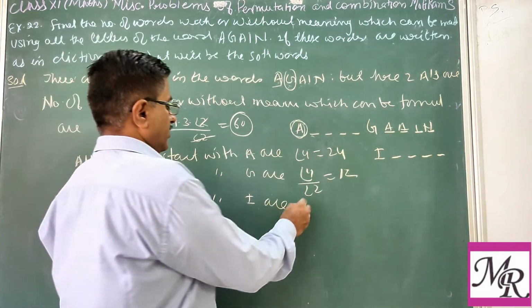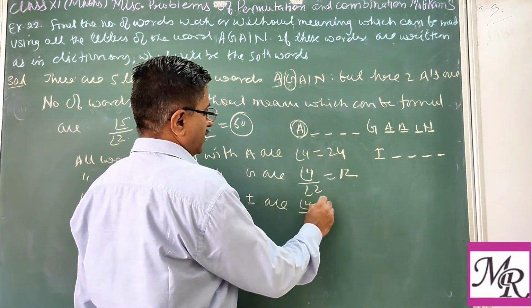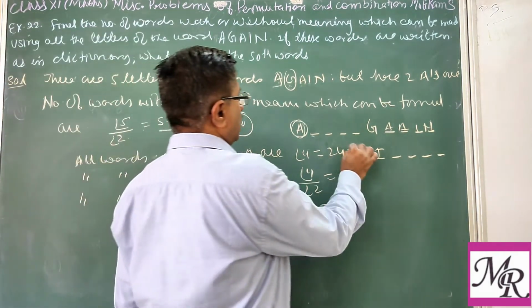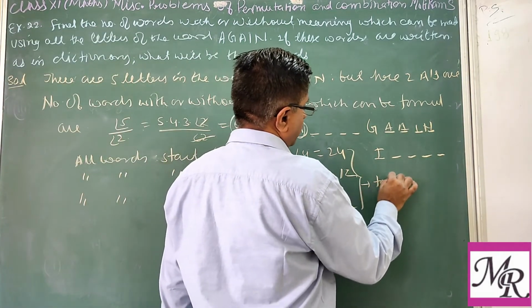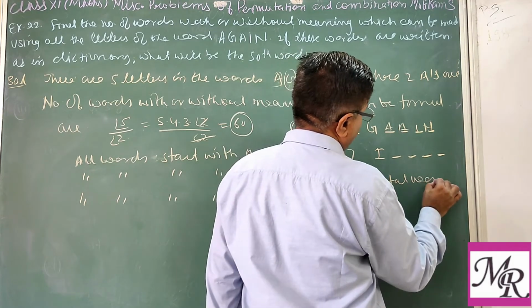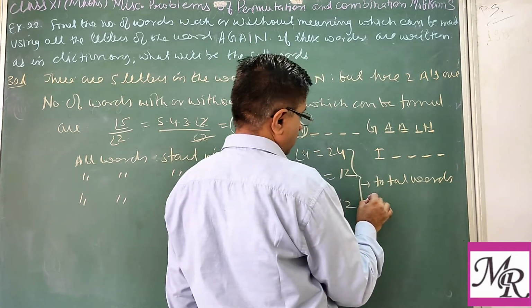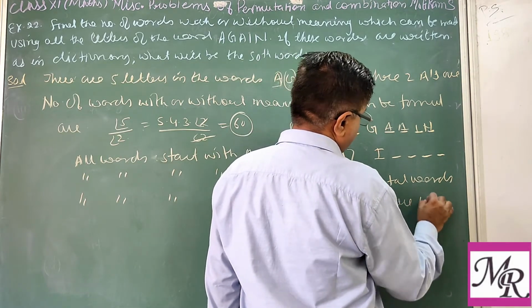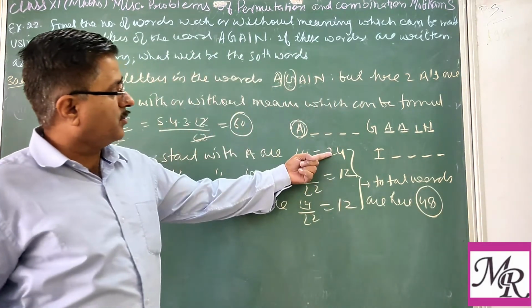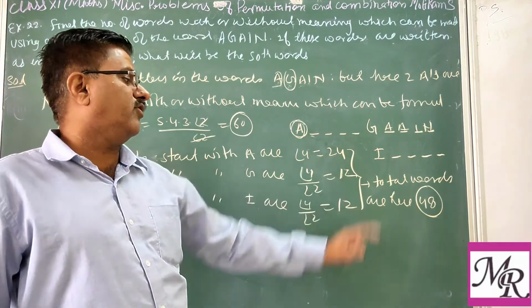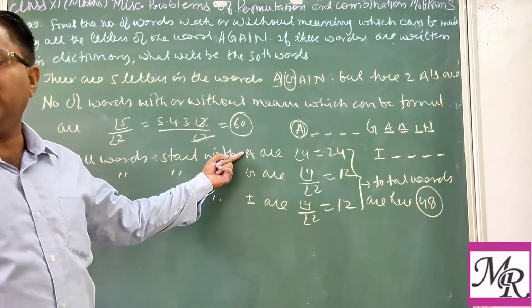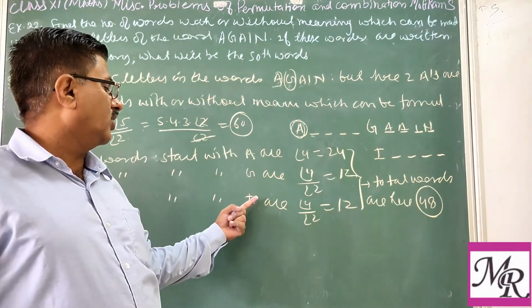That is factorial 4 upon factorial 2, that is 12. Now you see how many total words are here: 24 plus 12 plus 12. Total 48 words are there that start with A, G or I.